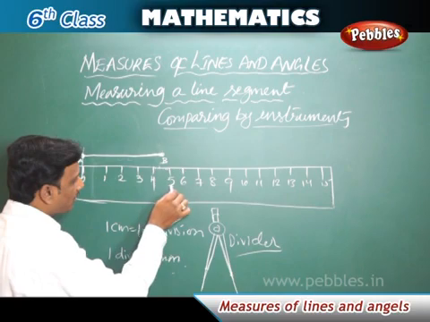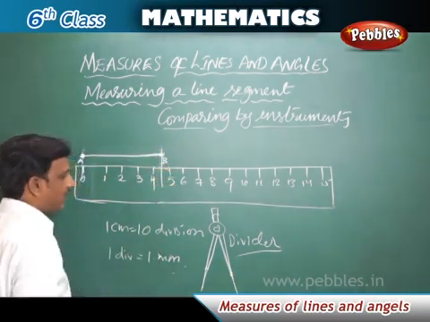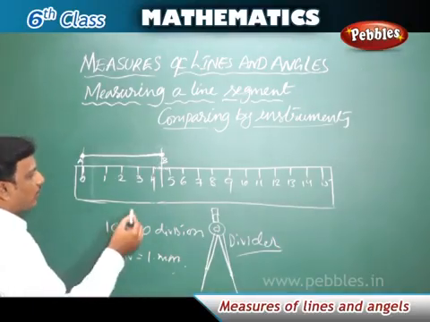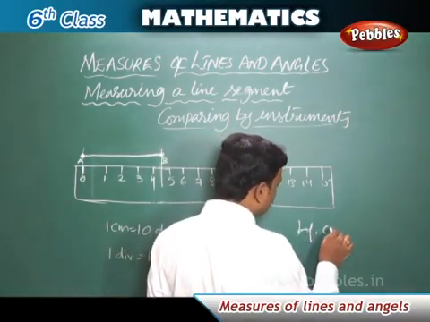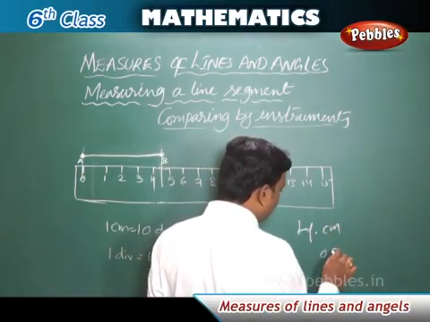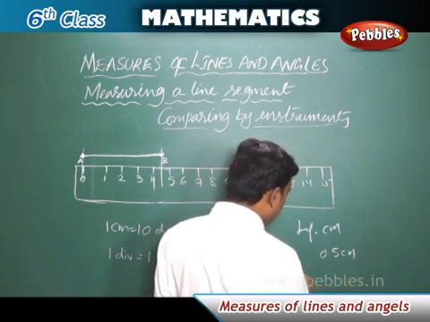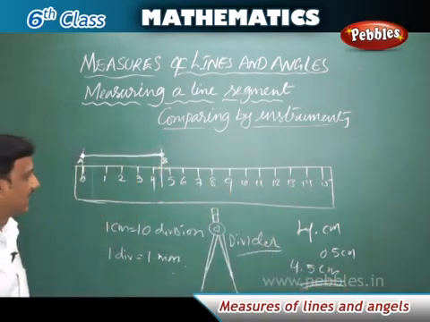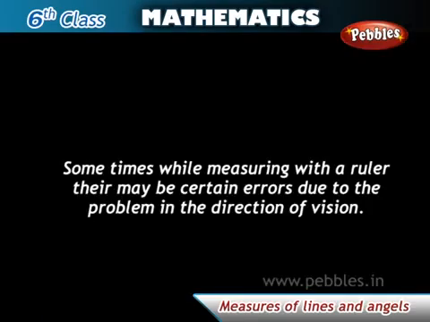It is more than 4 and less than 5. So it's taking the half value. That is 4.5 centimeters. So 4.5, we write 4 centimeters plus 0.5 centimeters, or 5 millimeters. So 4.5 centimeters is the exact accurate measurement of this line segment.